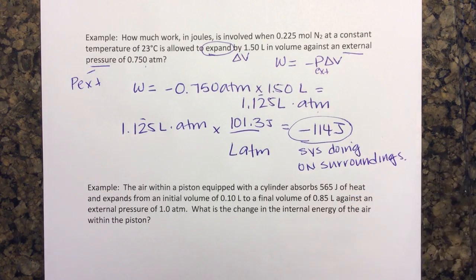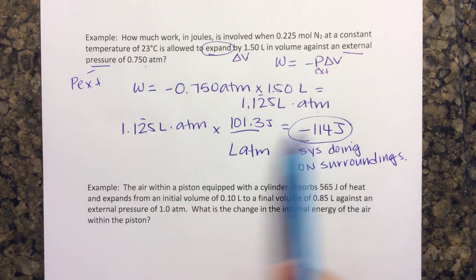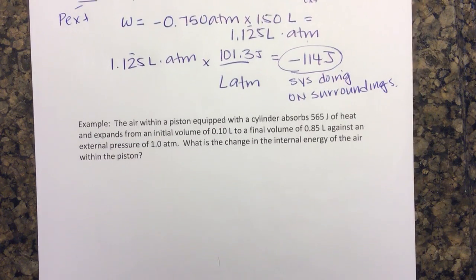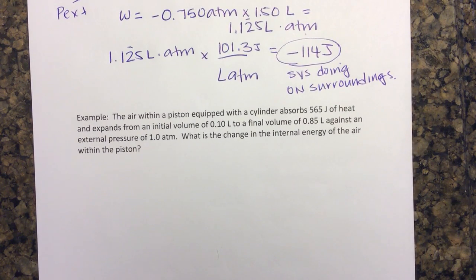Okay, so that's one example. Let's look at another example. The air within a piston equipped with a cylinder absorbs 565 joules of heat and expands from an initial volume of 0.10 liters to a final volume of 0.85 liters against an external pressure of 1 atm.